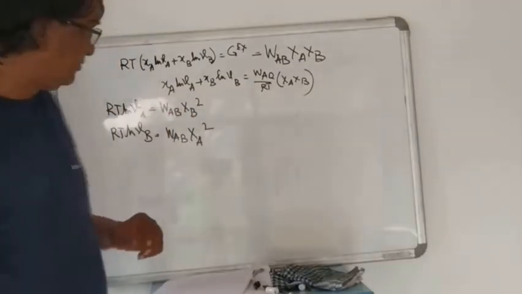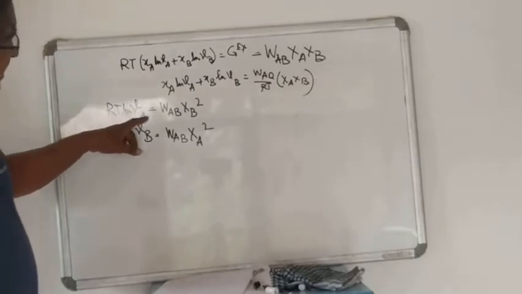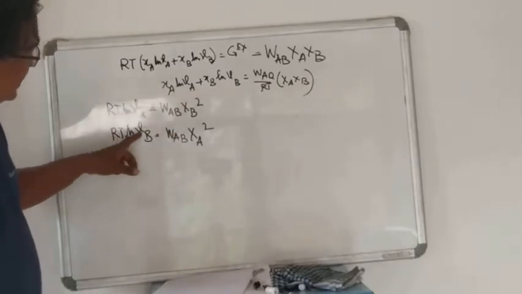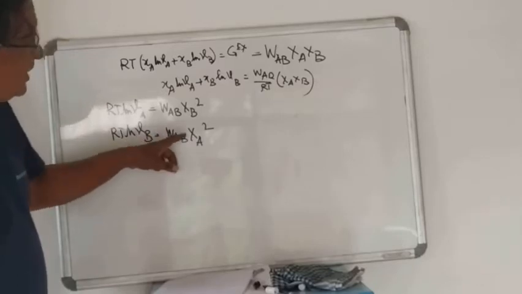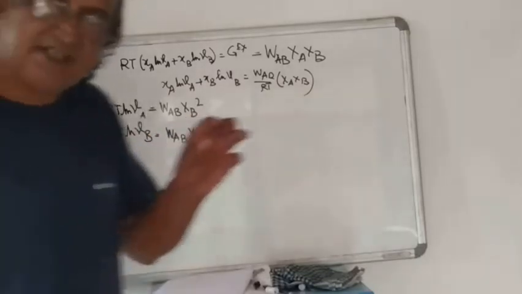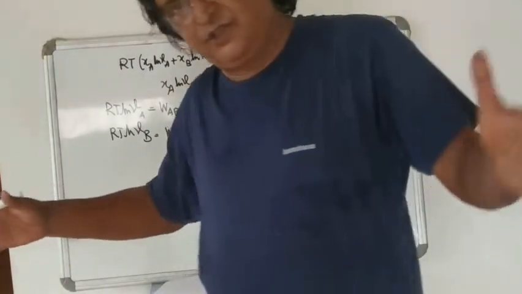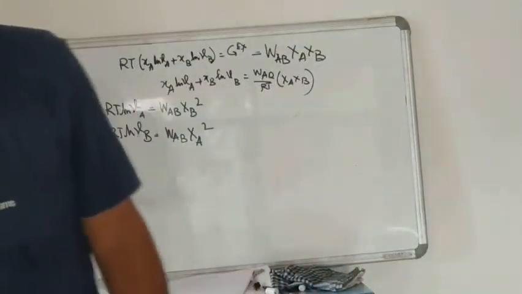RT ln gamma A is equal to WAB into XB squared, and RT ln gamma B is equal to WAB into XA squared. This is how it comes down if you make the derivations, which is essentially from Chatterjee's derivation.